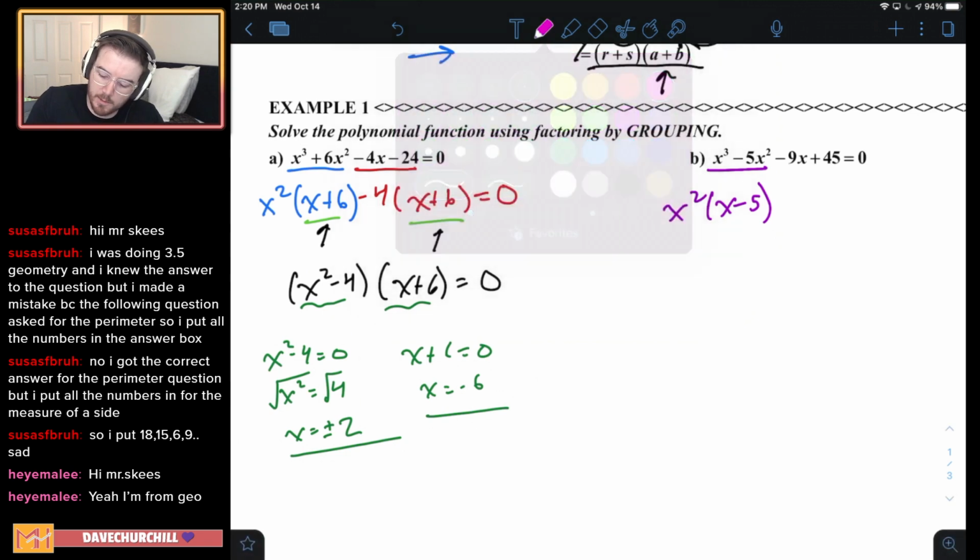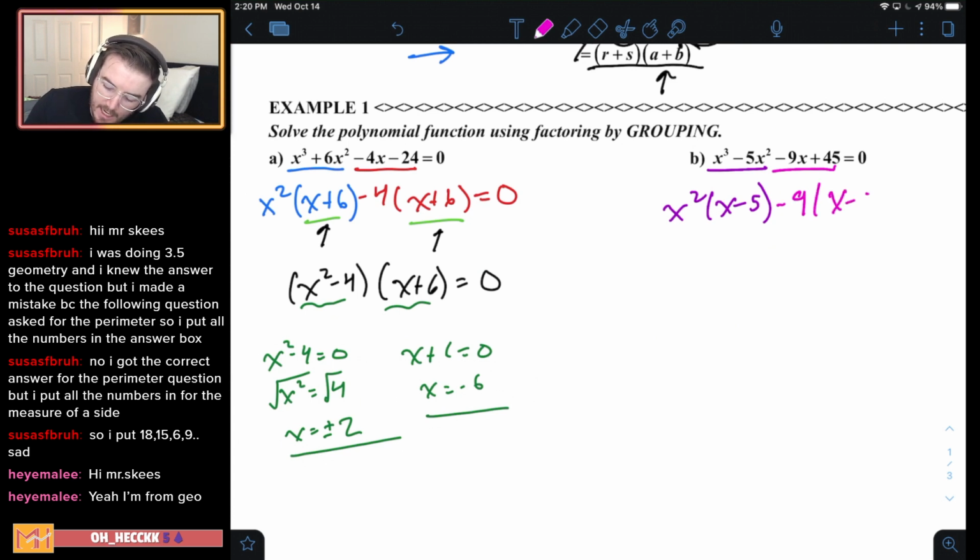Look at the second two terms. What's the GCF? Remember, when we yank out the GCF, we need them to match up. So I'm going to pull out a -9 to make sure this says x minus 5. See, I didn't just pull out 9, I pulled out -9.